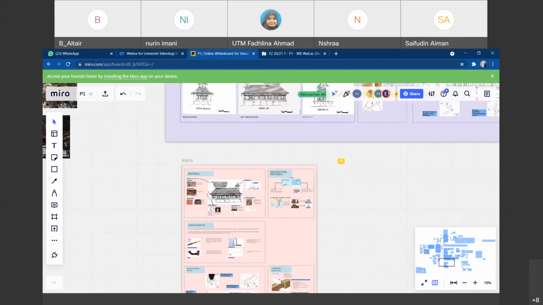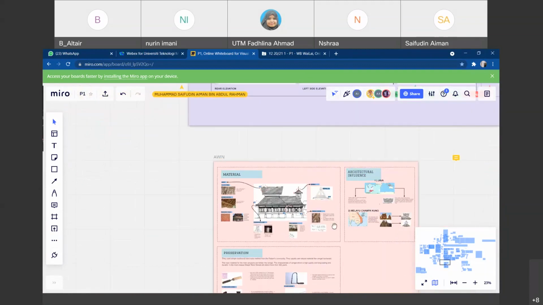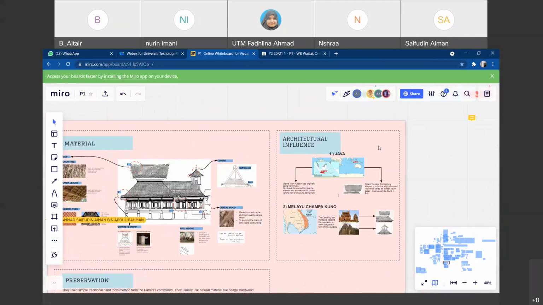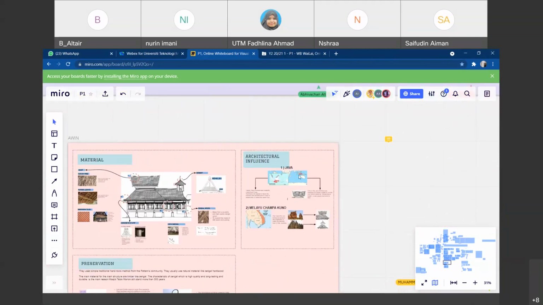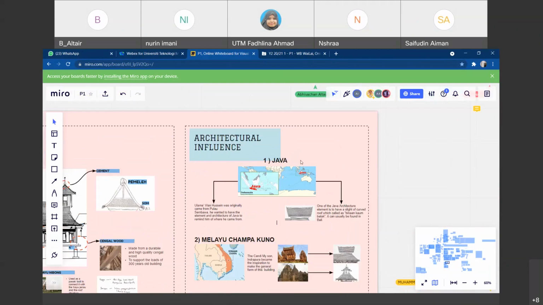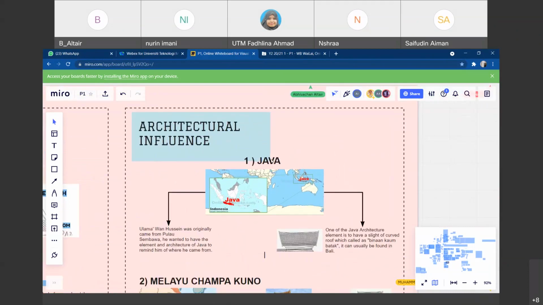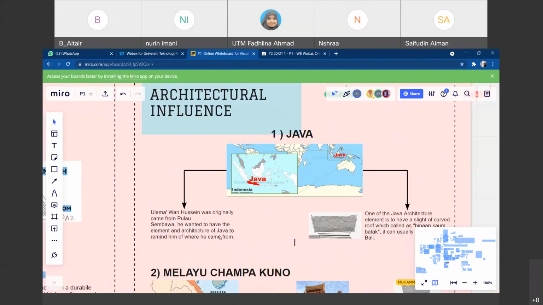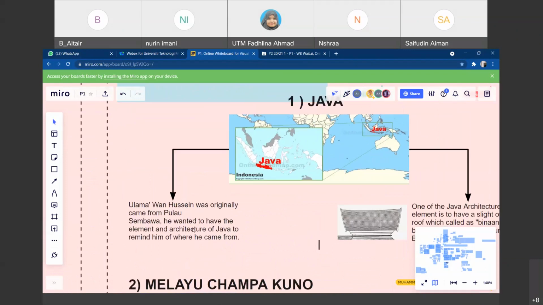For mine, I'll be starting with the architectural influence. The first one is influenced by the Javanese from Indonesia, because Ulama Wan Husin was originally from Pulau Sumbawa in Java, and he went to Patani to preach to the Patani people.